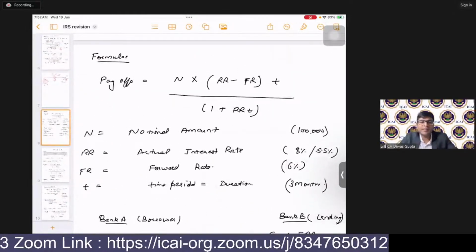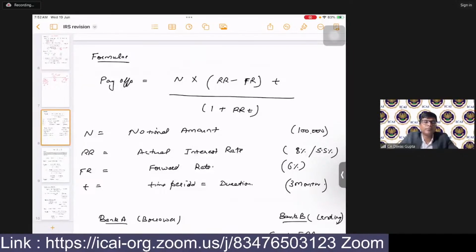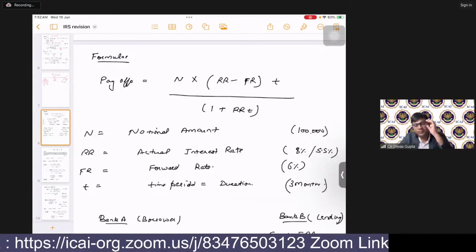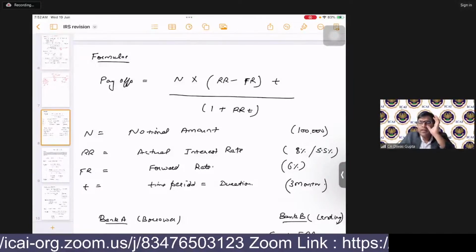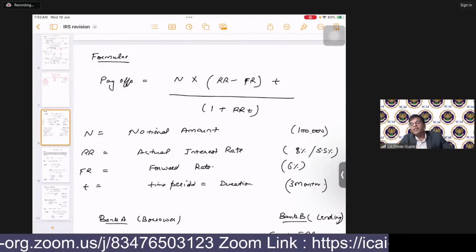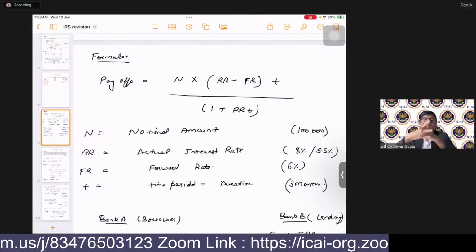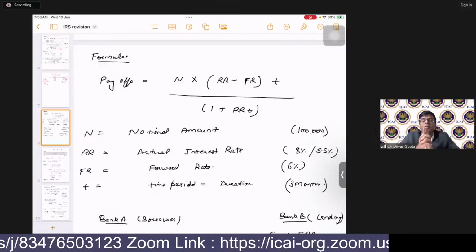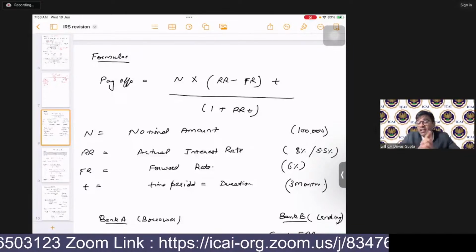This is the very basic formula. So in a way, for FRA, what all things we need to keep in mind? FRA, always think of it from the borrower or investor perspective, right? The perspectives will change.